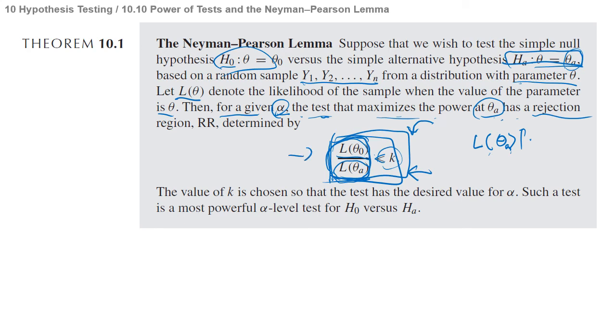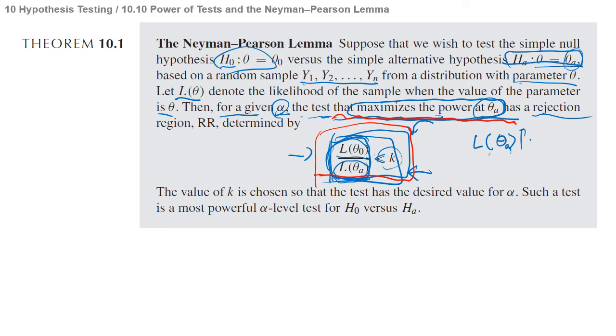So what it implies is that this one maximizes the power at theta A. This is the important result: if we decide our rejection region this way, then this will maximize the power at theta A.